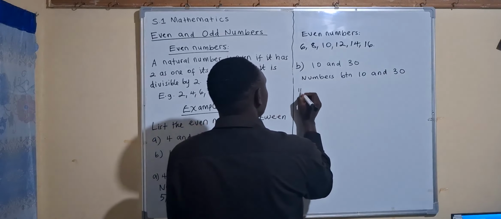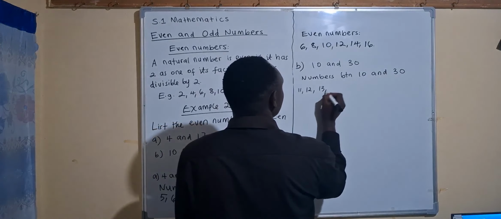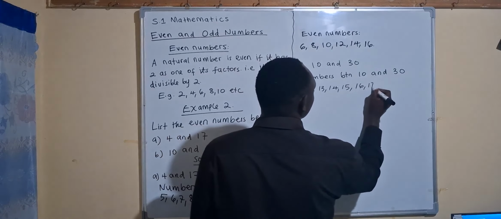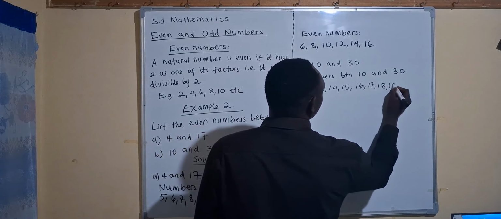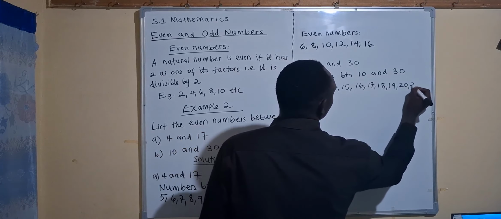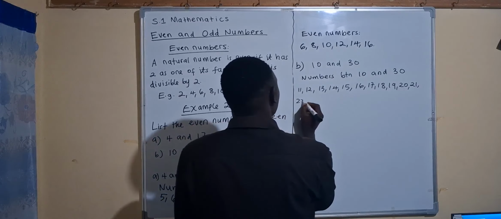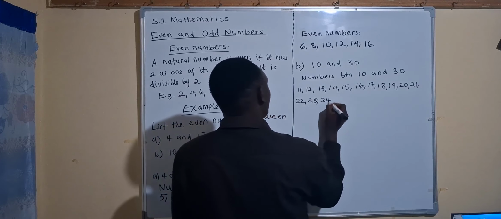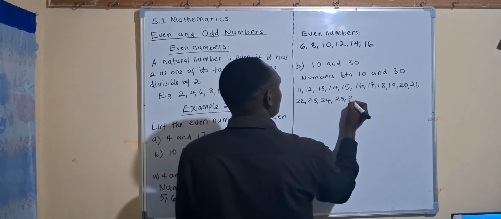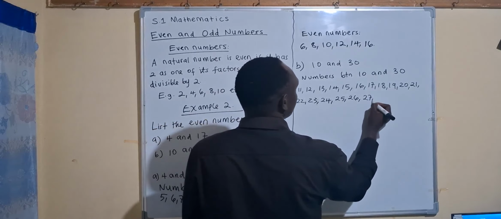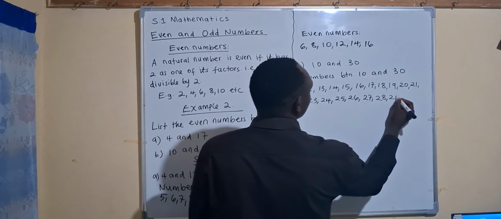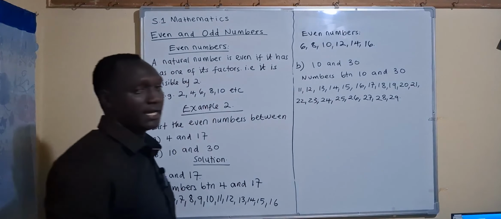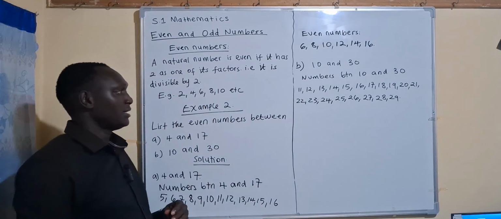And therefore, they are 11, 12, 13, 14, 15, 16, 17, 18, 19, 20, 21, 22, 23, 24, 25, 26, 27, 28, and 29. We shall stop at 29 because it is between 10 and 30.